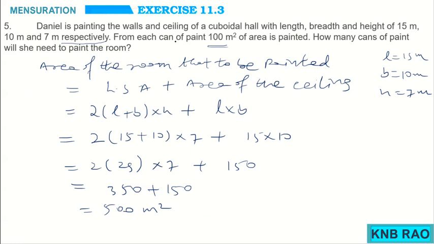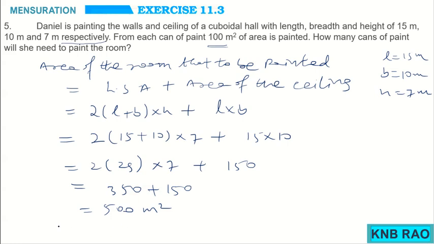You know, here with one paint can we can paint 100 meter square. How many do we require to paint 500 meter square? It is very clearly 5 paint cans. A simple unitary method we can use.